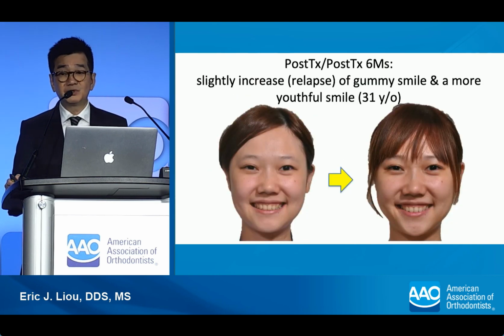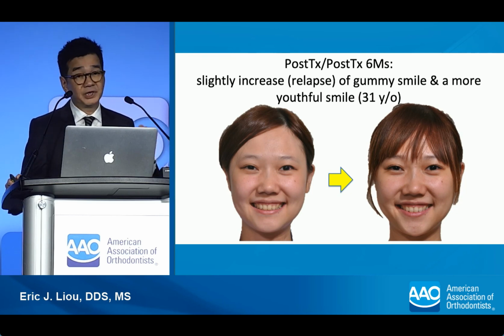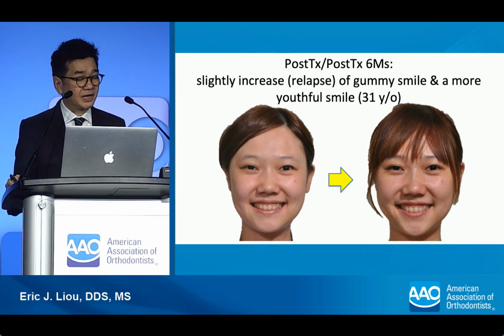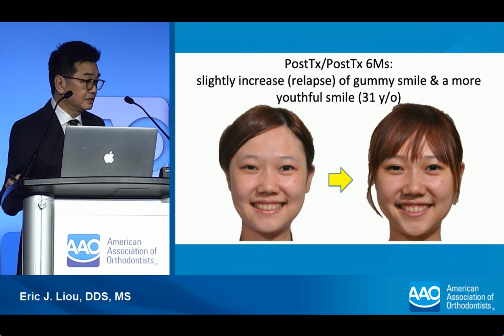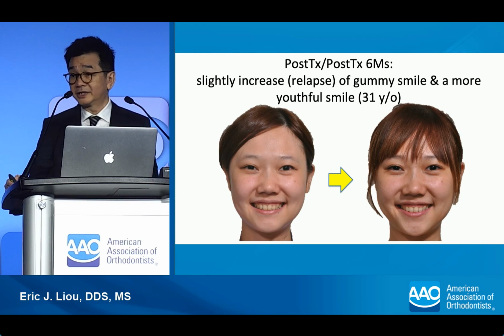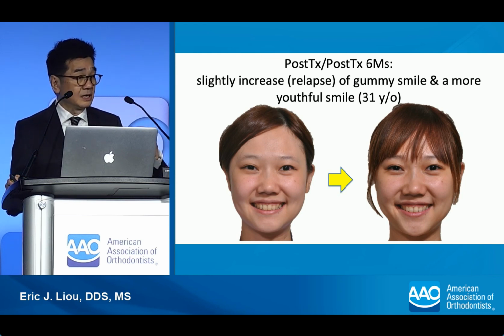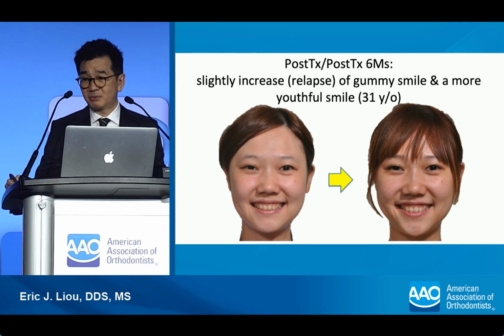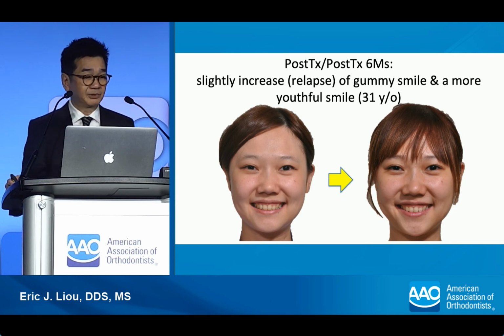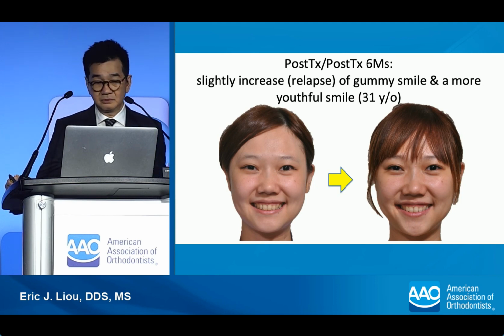So from here, you have to be very careful because of the age differences. When treating a gummy smile in an older patient, we have to be very careful. We cannot intrude the upper incisors for that patient. Fortunately, 6 months later, when the second patient came back for a follow-up exam, you can see a little relapse of the gummy smile, which for me made it a more useful smile.